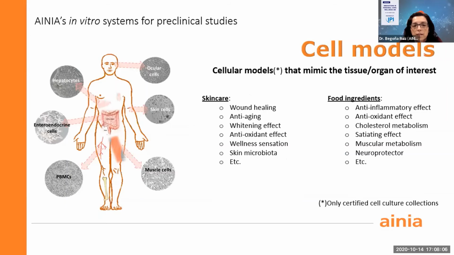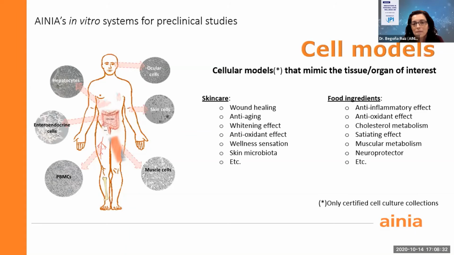The second set of models are the cellular models to mimic the tissue or organ of interest. And here you can find some examples of models or effects that we have checked before. We designed the model and the study depending on the functionality that we want to see.